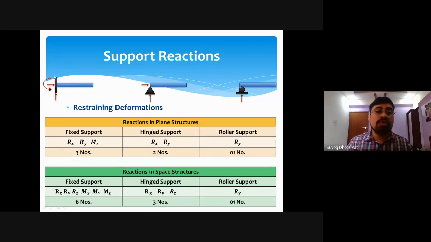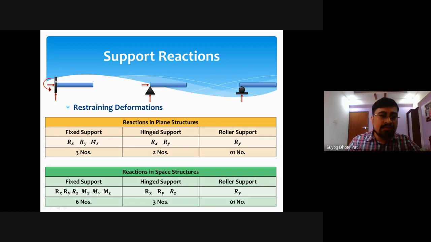what will this fixed wall do? This fixed wall will try to stop this beam's action, after application of load, we can say.